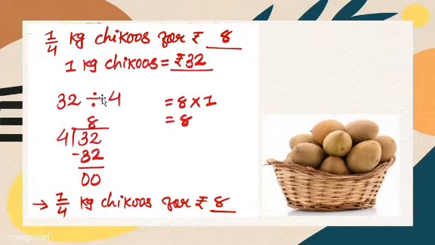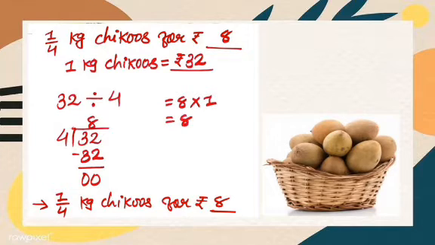So 32 divided by 4. Got my point? So in table number 4, 32 will come. Yes, 4 8s are 32. 32 minus 32 is equal to 0. 1 upon 4 kg chikus for 8. 8 ones are 8. It's similar.